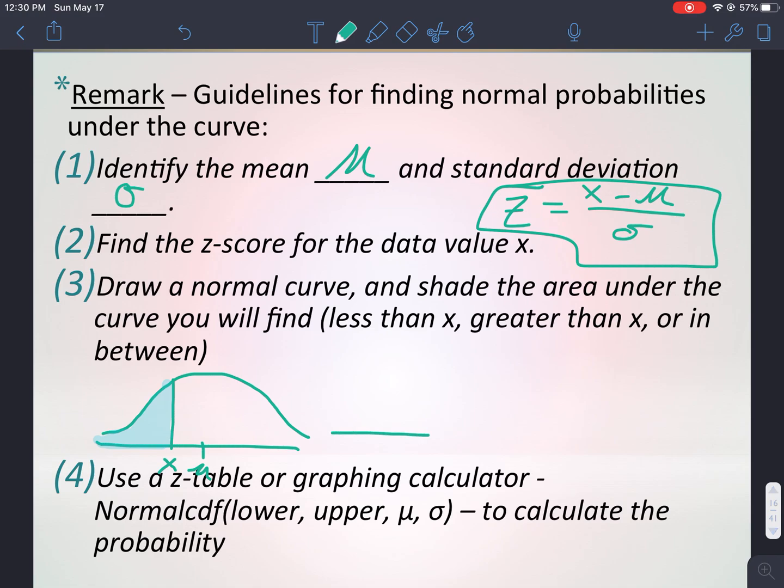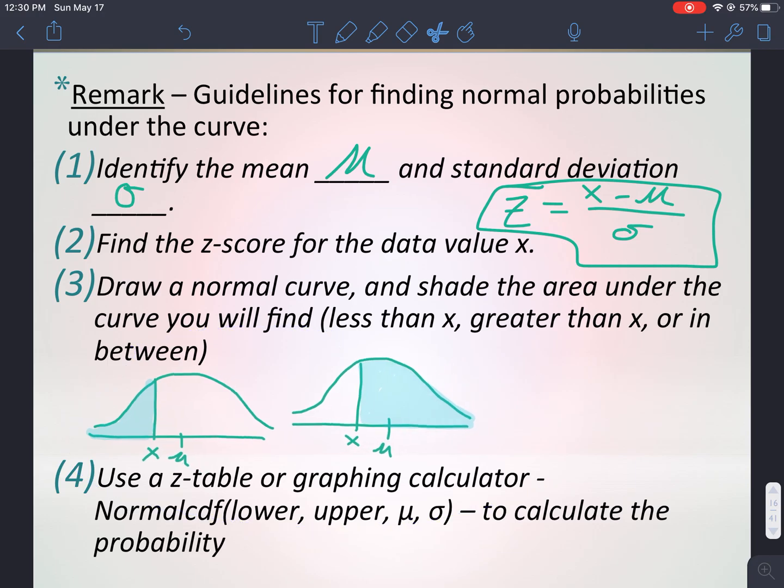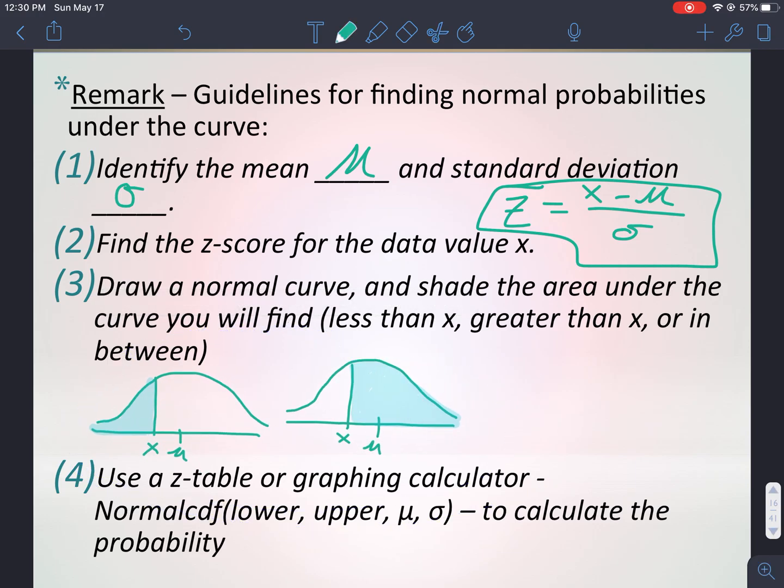The second possibility would be that you want the area under the curve to the right, greater than. And then there's a third possibility that you want the shaded region in between 2 values.